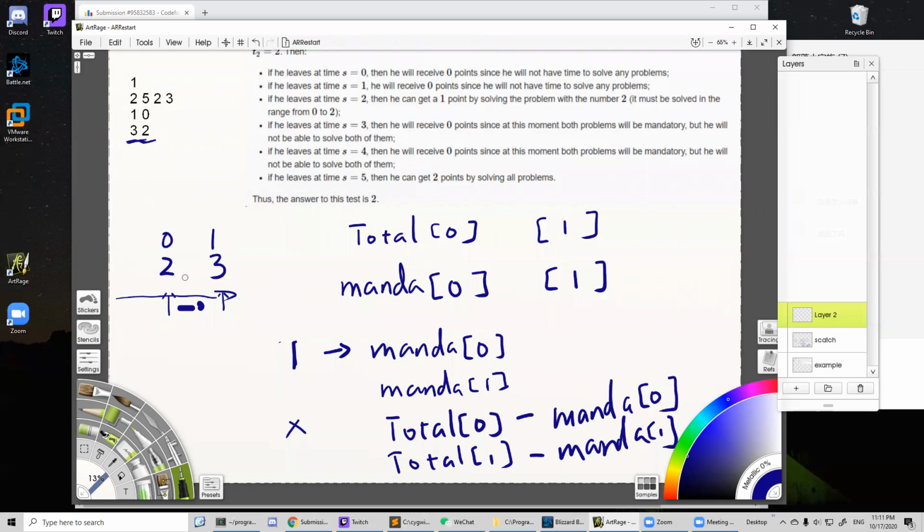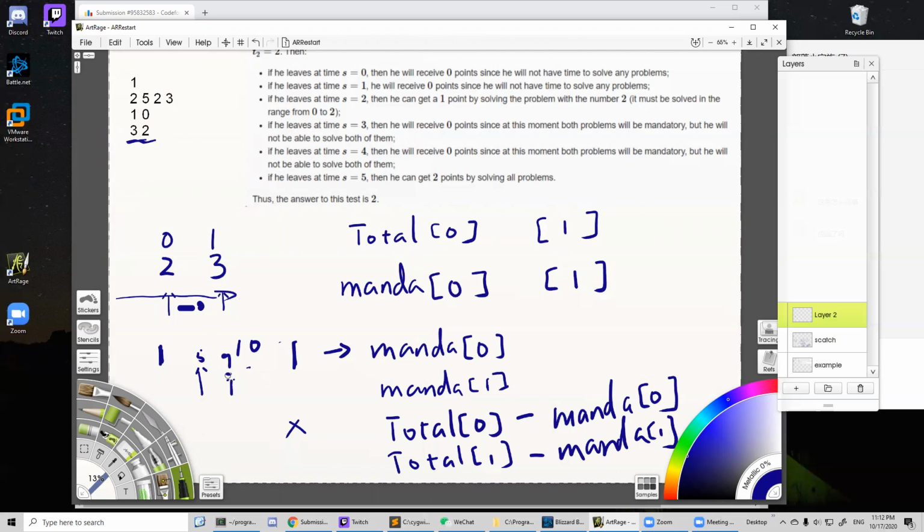Because if we have a problem become mandatory at time 1 and another problem become mandatory at time 10, there is no reason we iterate through, let's say, time 5, because between time 5 and time 9, time 9 is obviously the better answer here, right?